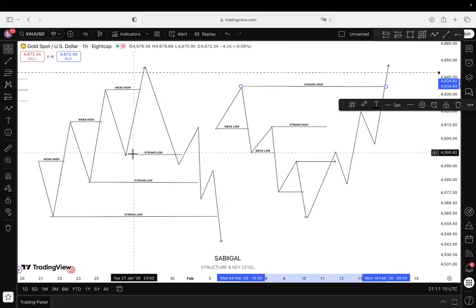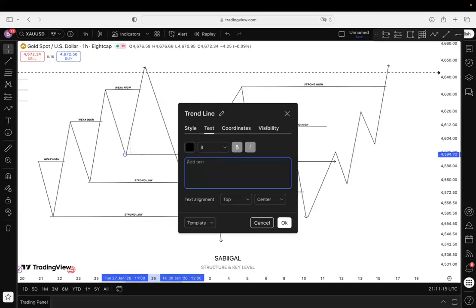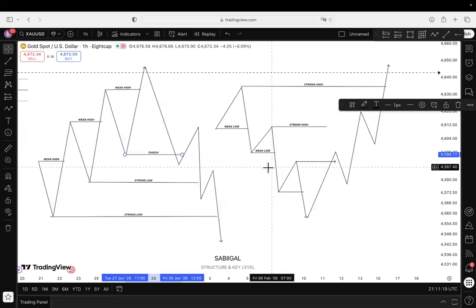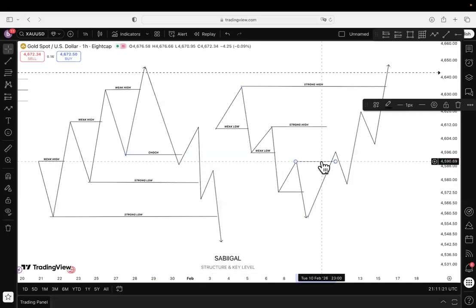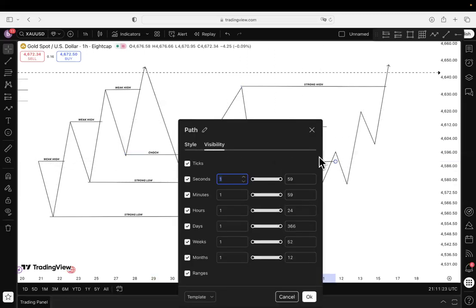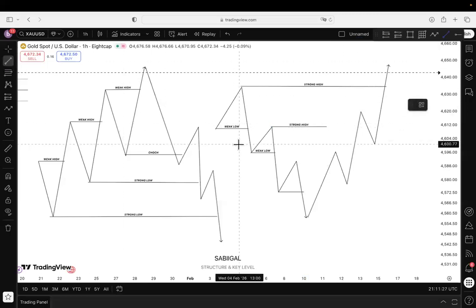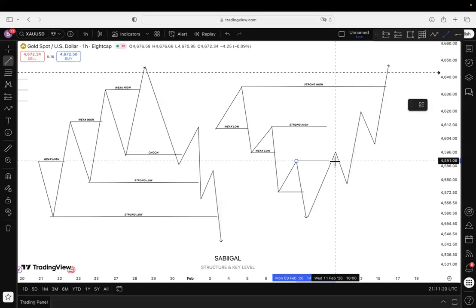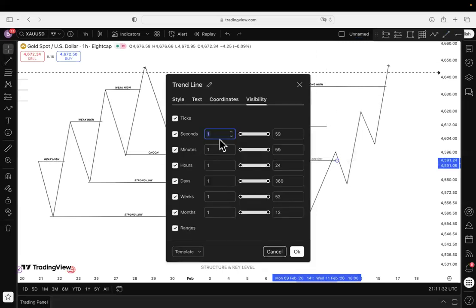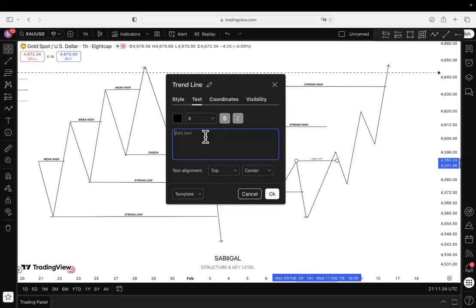When one gets taken out like this, the strong low now becomes what? A change of character, which can be seen as CHOCH. The same thing here. CHOCH: change of character.